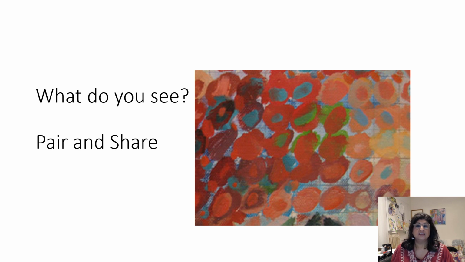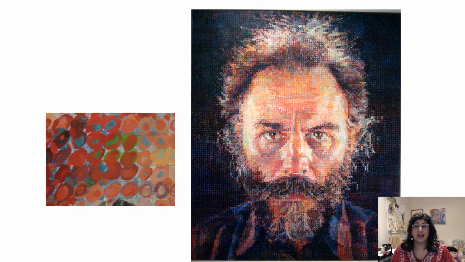Taking this similar concept, I want to know what you see in this image. Some of you might see apples or, I don't know, peaches. And now when we zoom out of this image and see the whole thing together, you see something totally different. This is a Chuck Close painting, and Chuck Close made paintings by almost pixelating and doing a grid of the colors, which we'll learn a little bit about later.